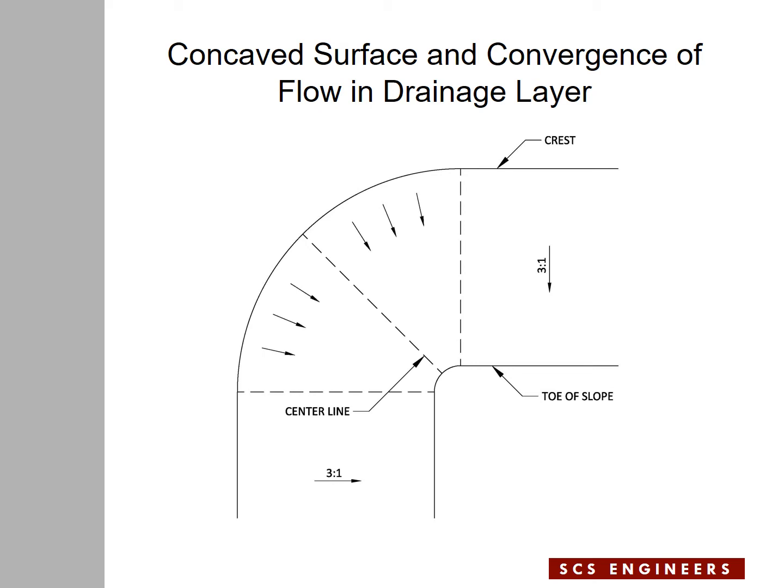The one to the right, I'm going to be referring to as the south slope of a leg of the landfill, and the other slope pointing to the south, to the bottom of the slide, is the east slope of another leg of the landfill, and the area in between is the concave surface around the corner of the landfill.